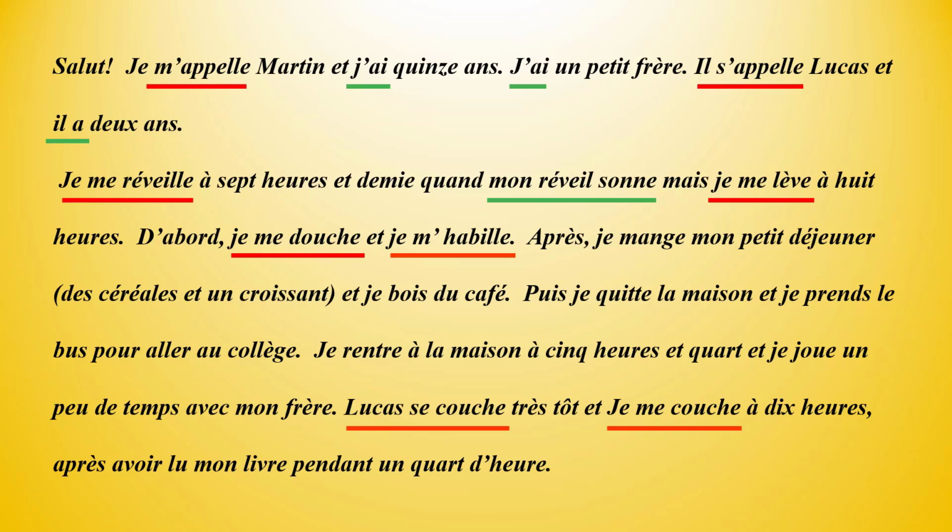Sonne is rings, which is a verb, and sonne comes from the verb sonner. Number 5, je mange. Number 6, je bois. Number 7, je quitte. Number 8, je prends. Number 9, je rentre. And number 10, je joue.